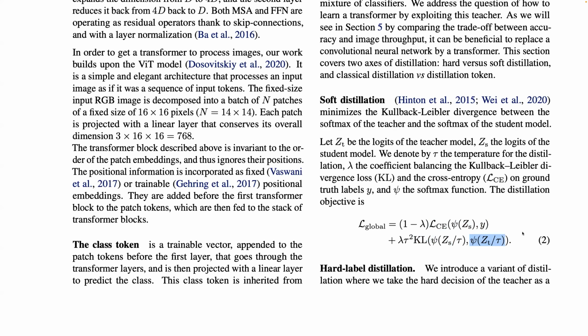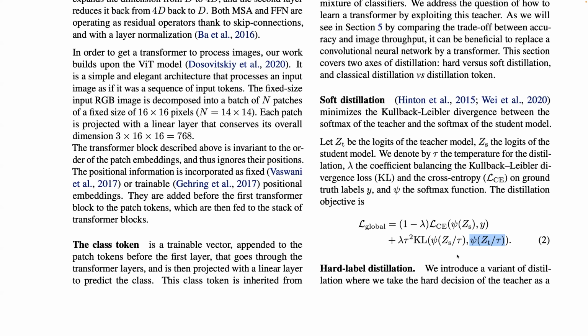Okay, so this is kind of soft label distillation, meaning that we learn the distribution, the prediction. So we learn the distribution of the prediction of the teacher here.